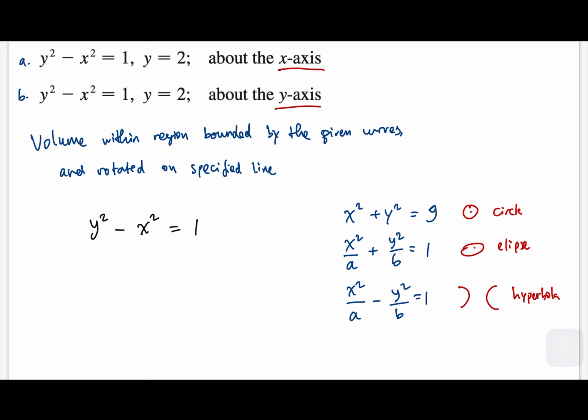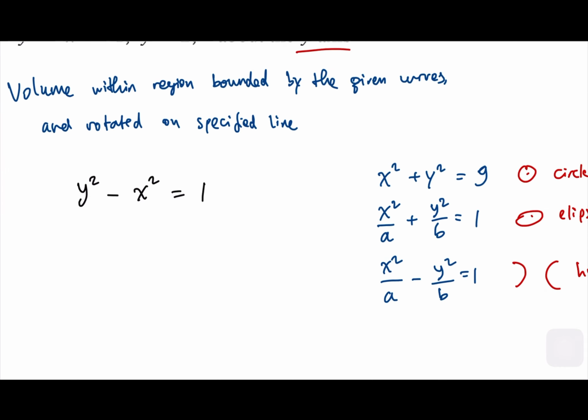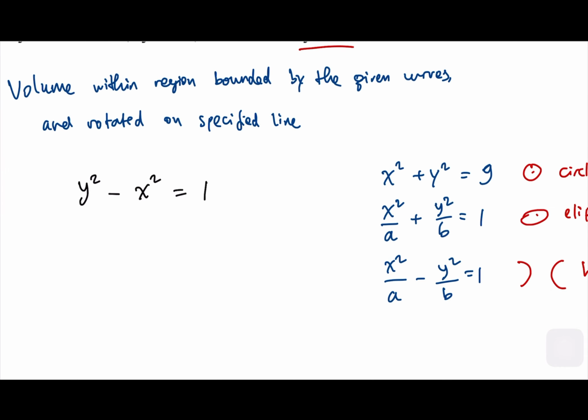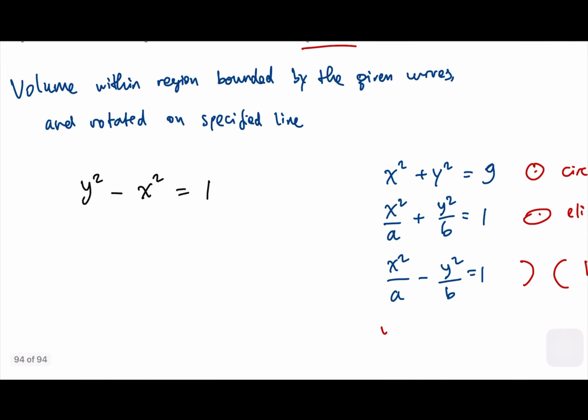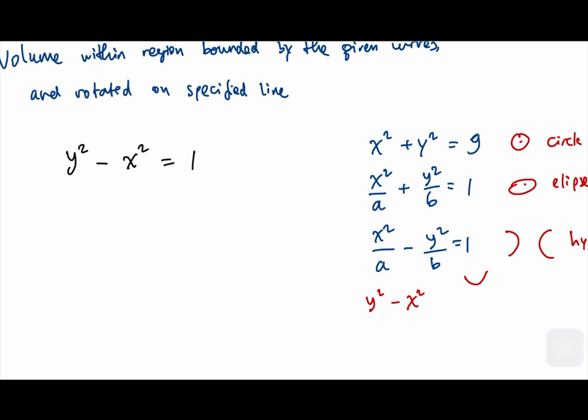In our case, the equation starts with y squared as a positive sign and negative x squared. This will result in this curve actually.